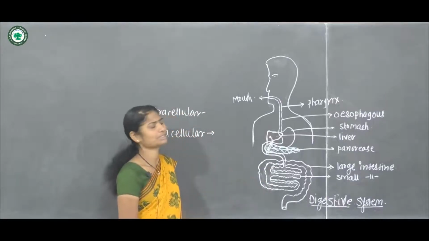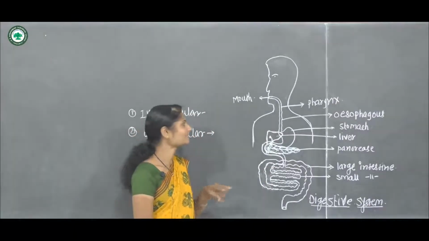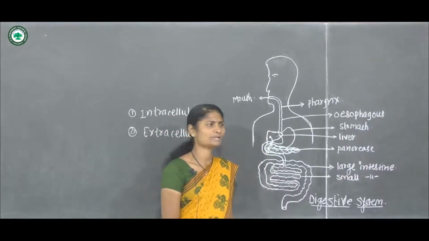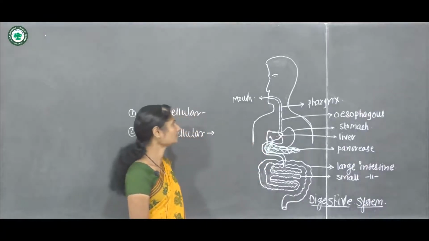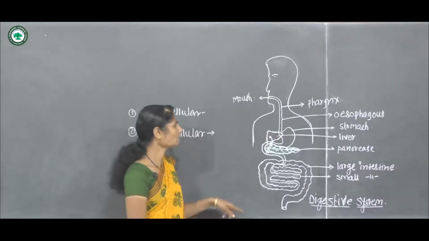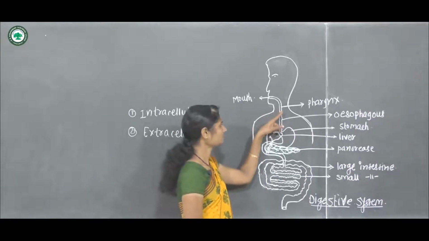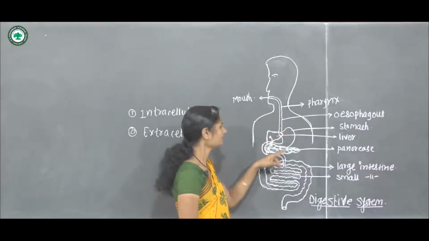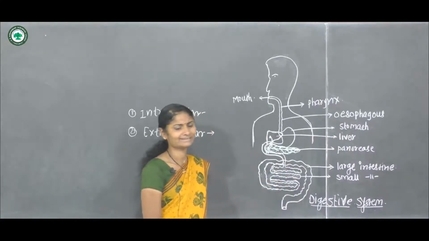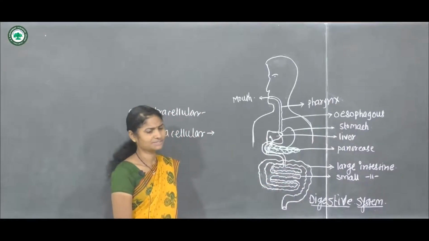This digestive system is divided into 2 parts: first the alimentary canal and second the digestive glands. Let us start with the alimentary canal. The alimentary canal includes the mouth, pharynx, esophagus, stomach, small intestine, large intestine, and the last part, the anus.